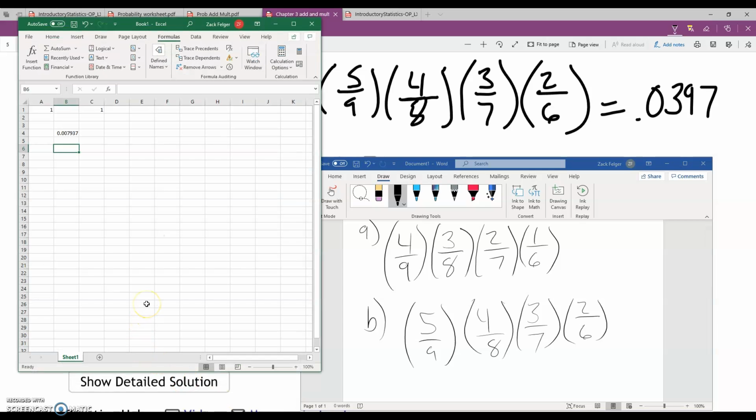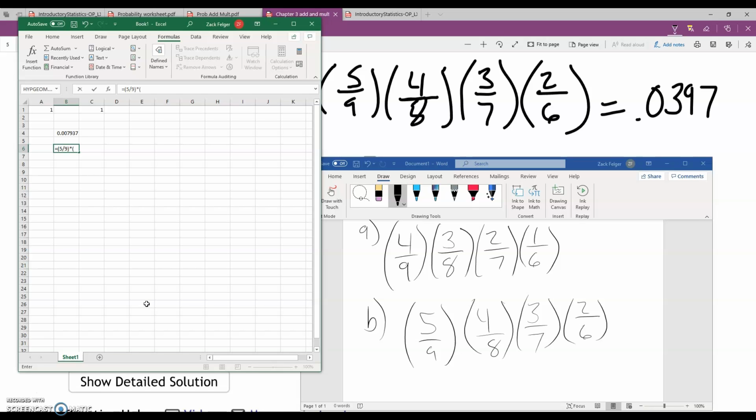So again, we could just enter these in on Excel, hit equals, parentheses, 5/9, close the parentheses, hit Shift 8 to get the multiplication symbol.